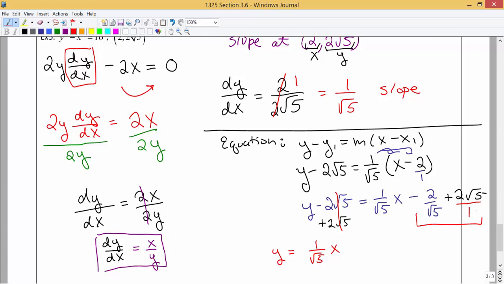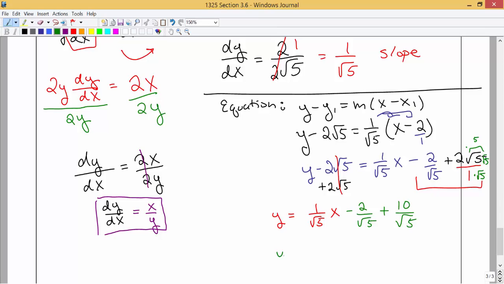So I'm going to think about this as a fraction by putting it over 1. And then we're going to multiply top and bottom of this fraction by the square root of 5. So that would be minus 2 over square root of 5, plus the square root of 5 times the square root of 5 is just 5. And then 2 times 5 is 10, all over the square root of 5.